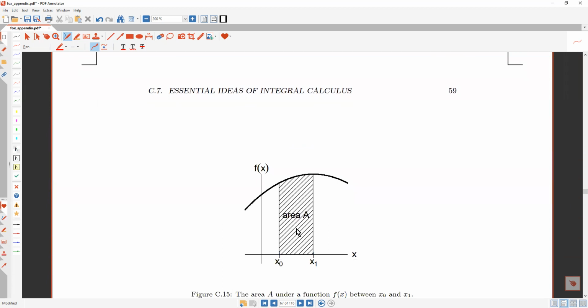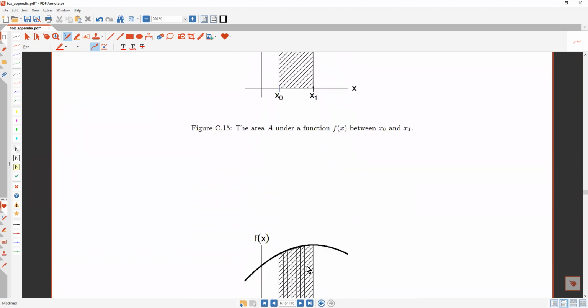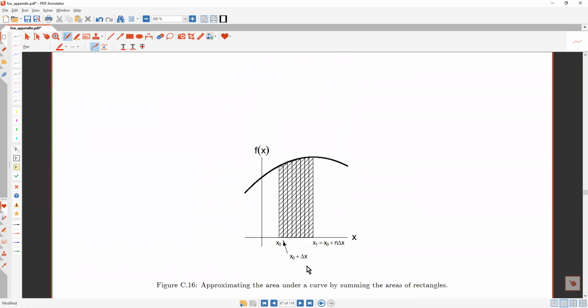Calculus looks at all of those little rectangles, right? All those little rectangles under the curve, they're usually not slanted. That's just showing the area under the curve. There they are, all my little rectangles. See how there's a little bit of space there, a little bit of space there.